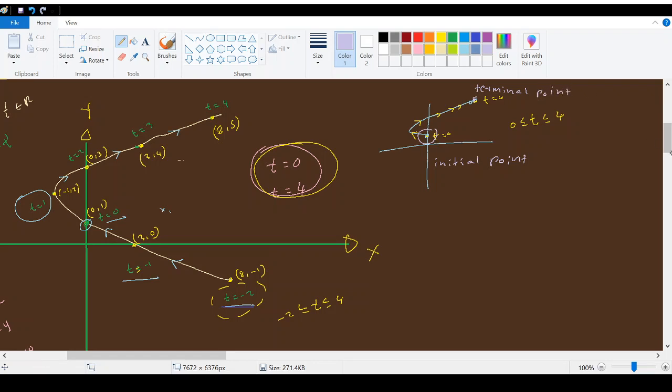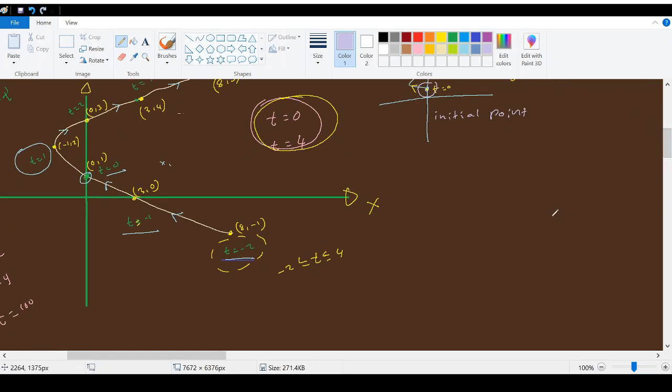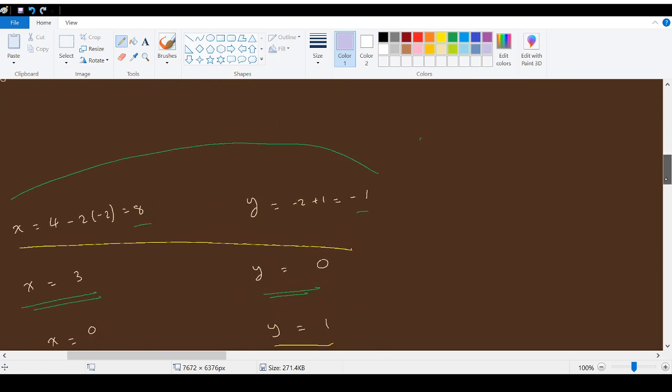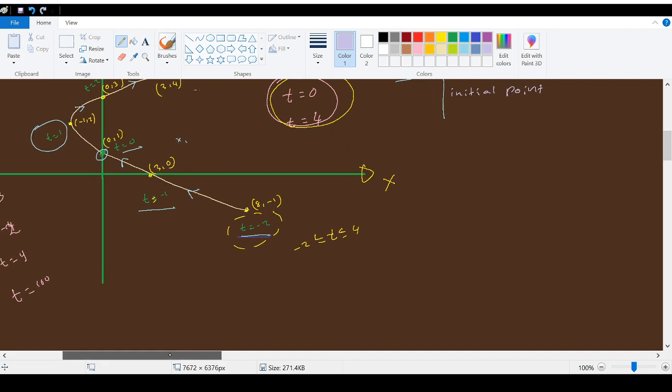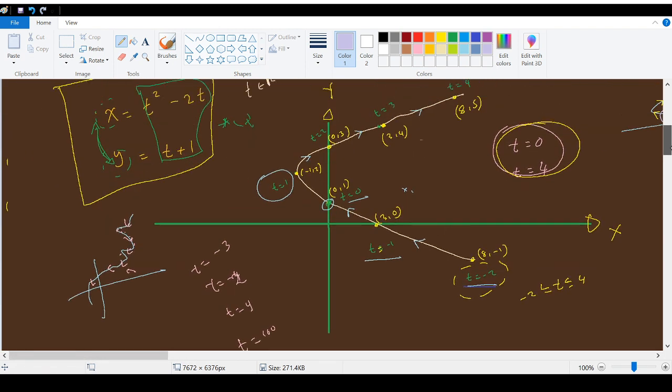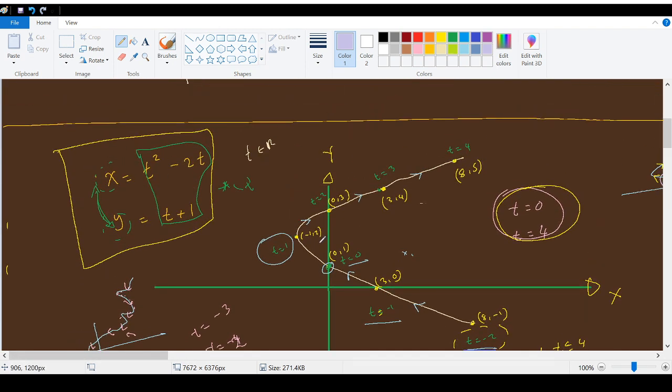So if we write everything in a general format, let's say our relationships between x and y, for this specific example, were given like this. Basically, we represent x as a function of t and y as another function of t.